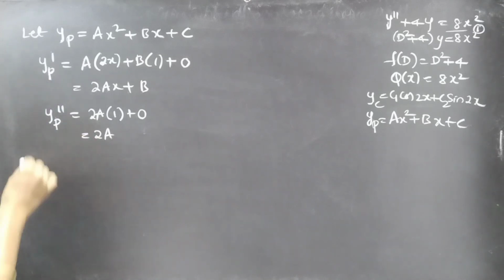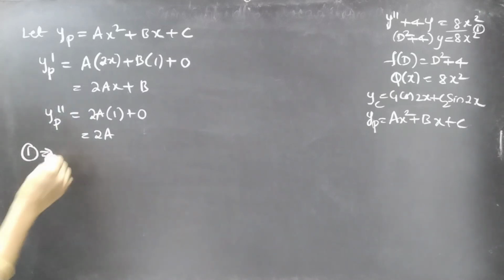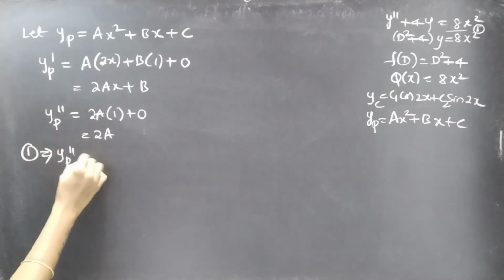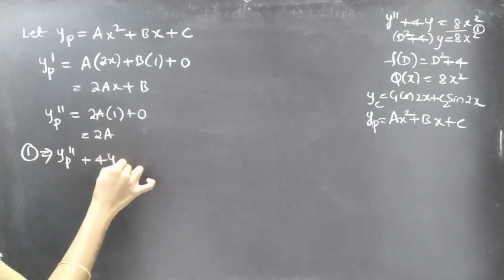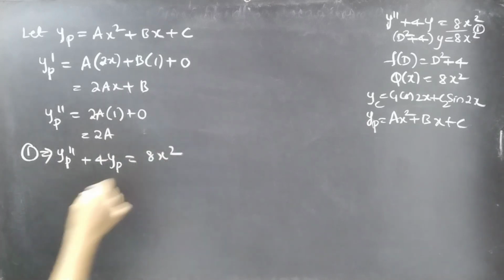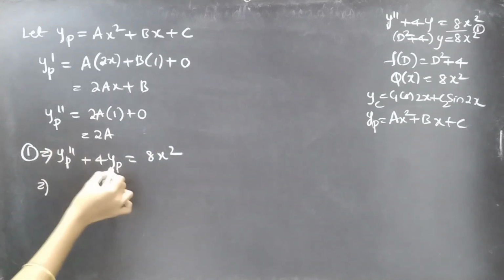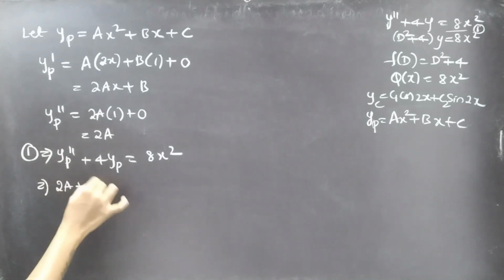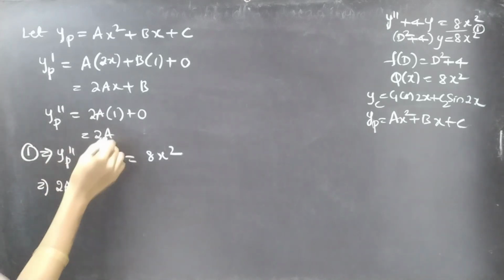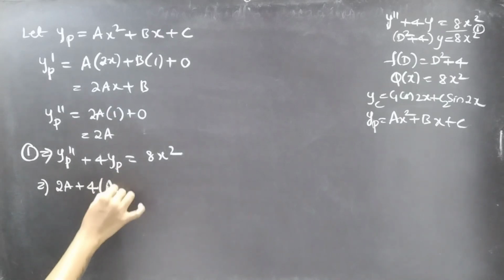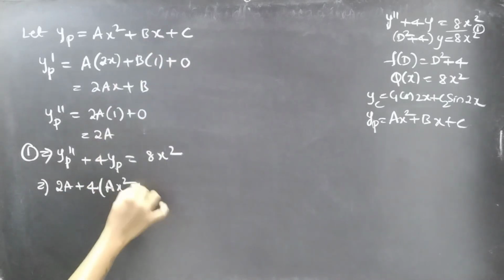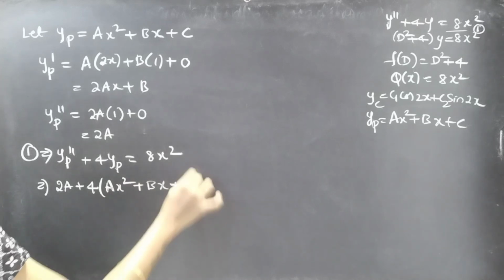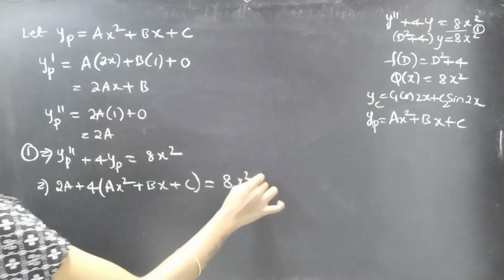We have yp' and yp''. Let's now substitute in equation 1. We can write 1 as yp'' + 4yp = 8x². We need to substitute yp'' and yp in it. yp'' is 2a, and 4 into yp, which is ax² + bx + c, equals 8x².